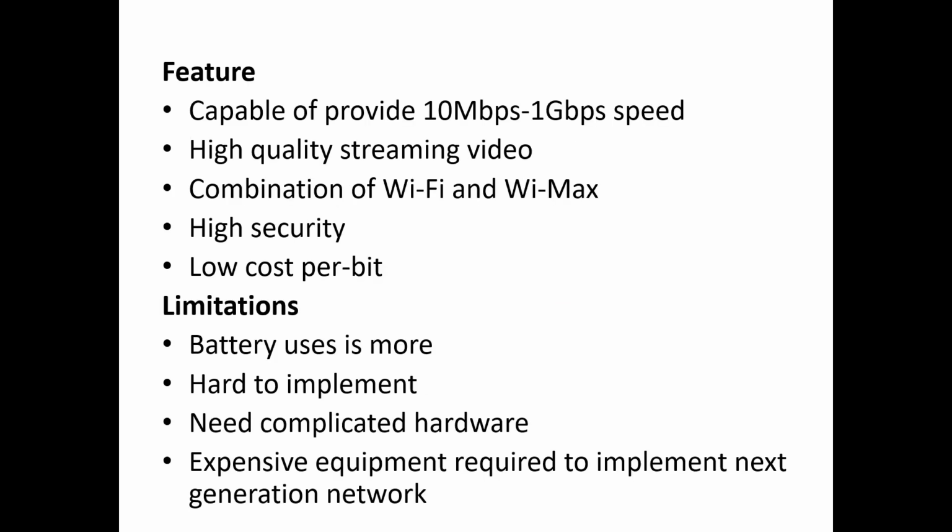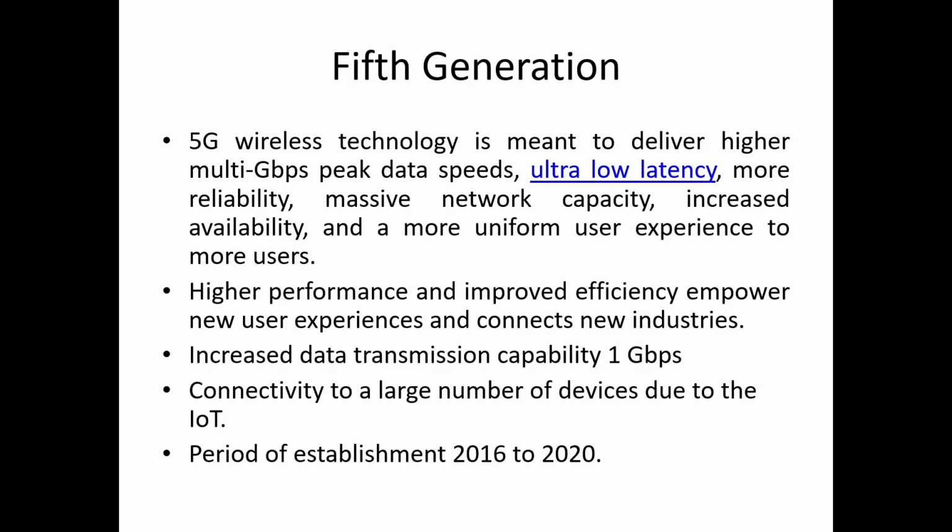Features: capable of providing 10 Mbps to 1 Gbps speed, high quality streaming video, combination of Wi-Fi and WiMAX, high security, low cost per bit. Limitations: the battery usage is more, harder to implement, needs complicated hardware, expensive equipment required to implement the next generation network.